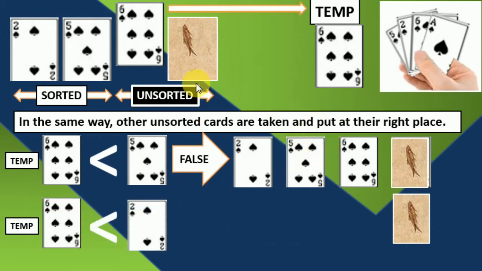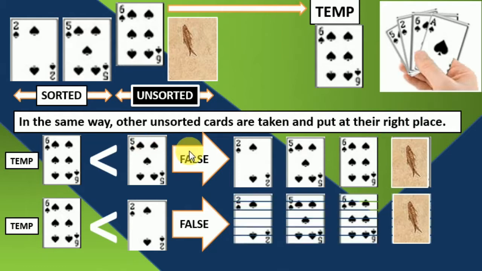Next, 6 is checked again: is 6 less than 2? No, false. So 2 remains in its own position, and there is no change in the cards.